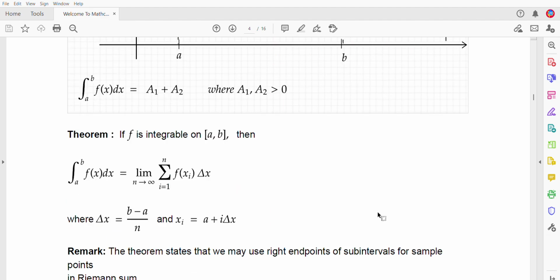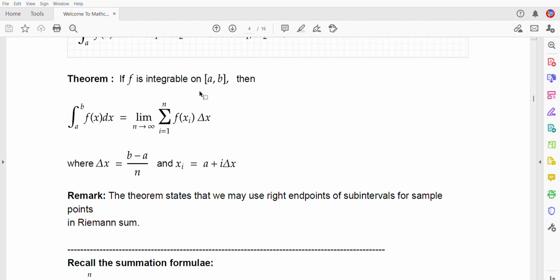Next theorem. If f is integrable on closed interval [a, b], then the integral from a to b of f(x) dx is the limit as n approaches infinity of the summation i going from 1 to n of f(xi) delta x. What is xi? xi is a plus i delta x. What is delta x?